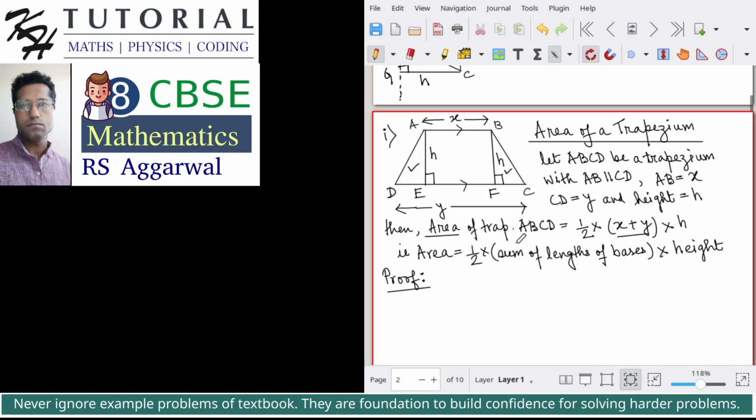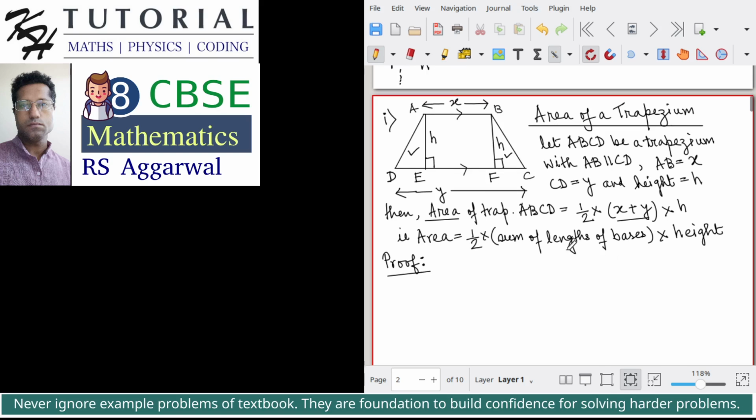Also, for both triangles ADE and BFC, their altitude is H. Since AE is perpendicular to DC and BF is perpendicular to DC, AE is the height.